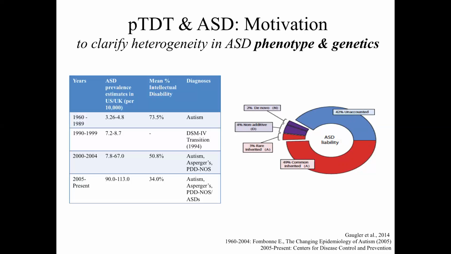And importantly, while on an individual level, de novo variants can be a very strong effect, for instance, having a very strong association with IQ, at a population level, for ASD as a whole, most of the liability resides in common polygenic variation, and that's where we focused in on our method.